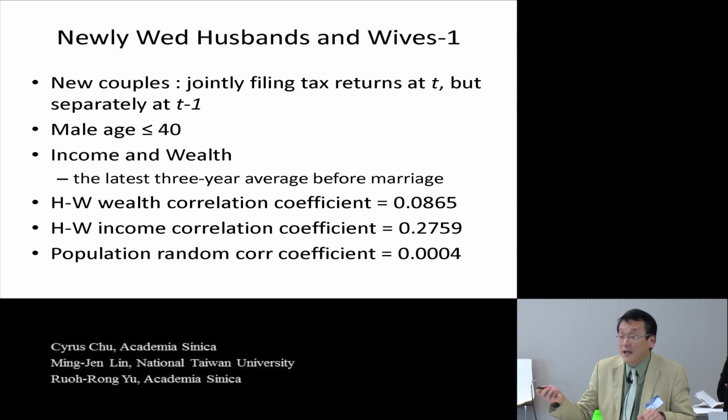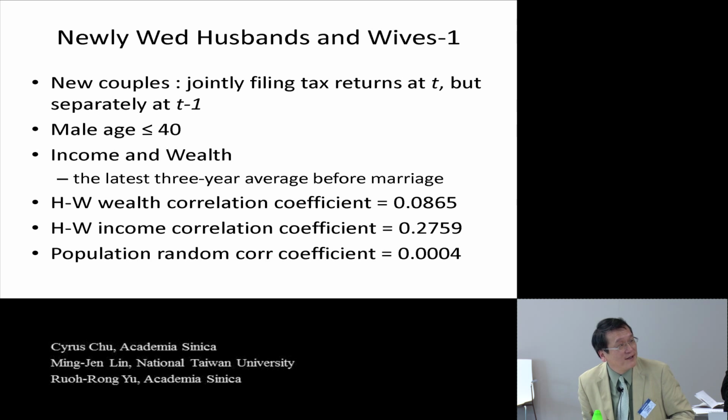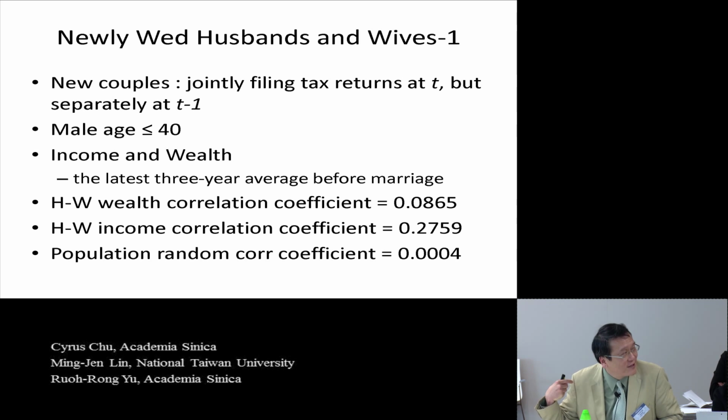So the correlation was low, which makes me wonder whether the sorting is the insistence of the couple or of their parents. I would guess this is the parents' insistence. Yes, I could do that. I didn't have the time.